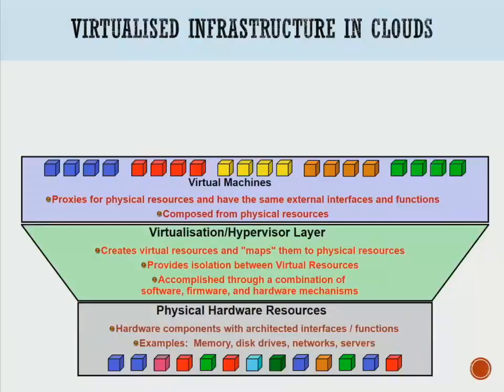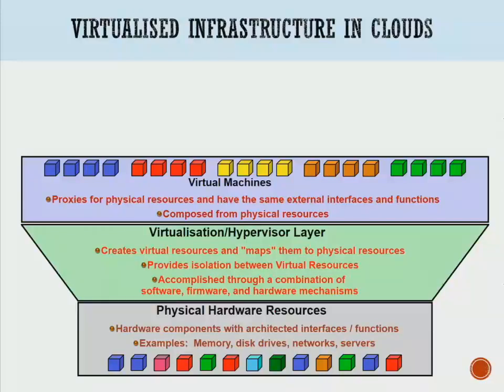Right. So now going more in detail to understand the difference of role between physical hardware resources, the virtualization layer, and the virtual machine. So at the bottom layer, you have the physical hardware resources that offer you memory, disk drives, networks, and servers.